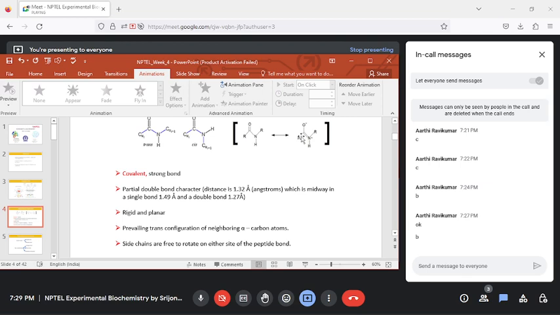So this CN bond has the capability to stay in the single bond as well as in the double bond, and it has also been experimentally shown that the distance between this C and N is somewhere between your single bond distance and your double bond distance. So we cannot tell that it is totally a single bond or totally a double bond. It has the nature of both. So it has a partial double bond character, and also an electron delocalization is taking place.